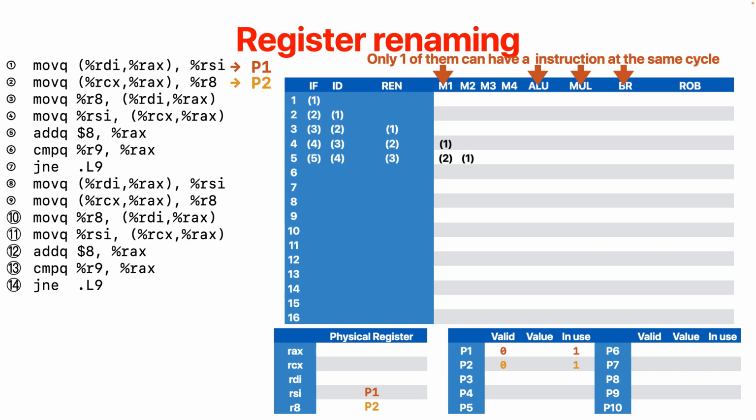Now, looking at instruction 3, this instruction doesn't have any new output. Instead, it relies on the input of P2. So if you look at the current register table, is P2 going to be ready in the next cycle? The answer is no. Which means there's no way we can execute instruction 3 in the next cycle.